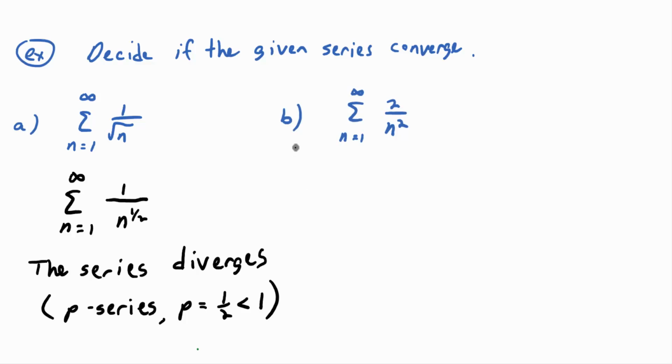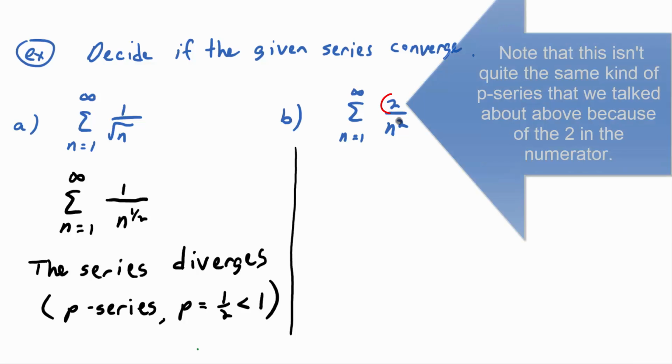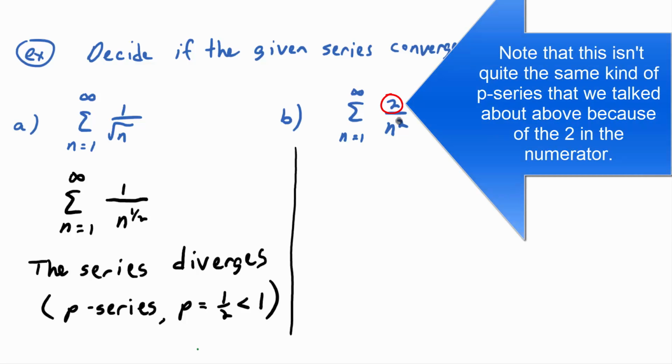So let's consider the sum from n equals 1 to infinity of 2 over n squared. Now, even though it's just a constant, this doesn't quite fit with the p-series. What's the related p-series? 1 over n squared.